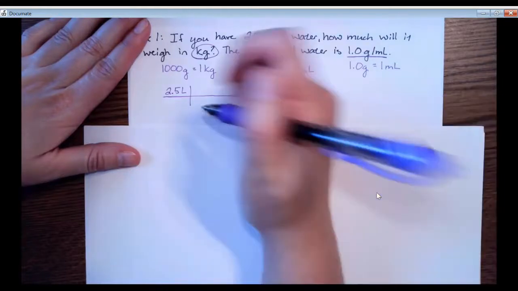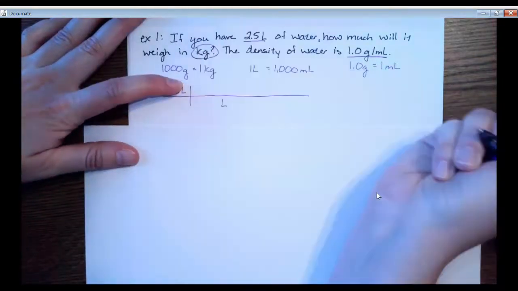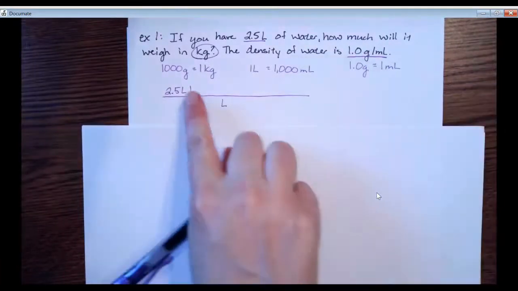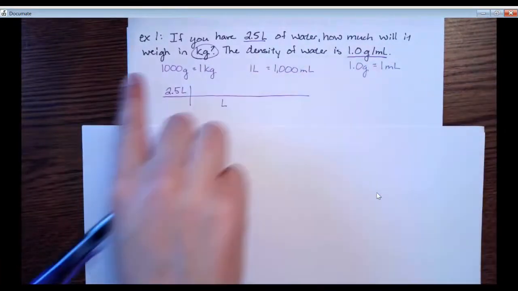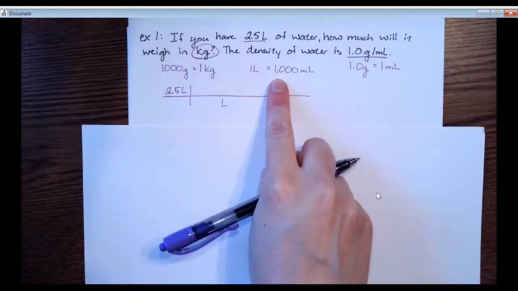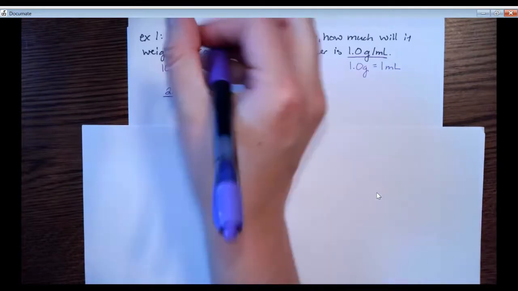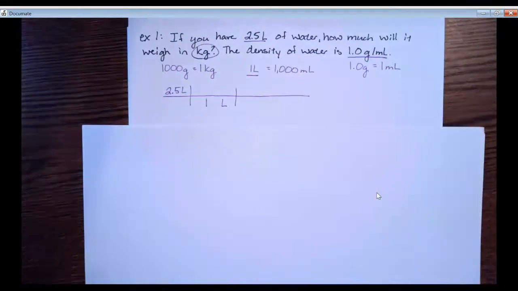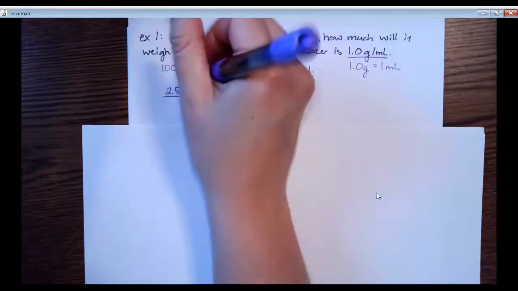So if I have liters up top, I know I'm going to have liters down on the bottom. Now, if I look at all of my different conversion factors, only one of them involves liters, and that is this middle one here. So this is the one I'm going to use in my first vertical stack. So I have 1 liter on the bottom. That's that part right there. And then I have 1,000 milliliters going on top.